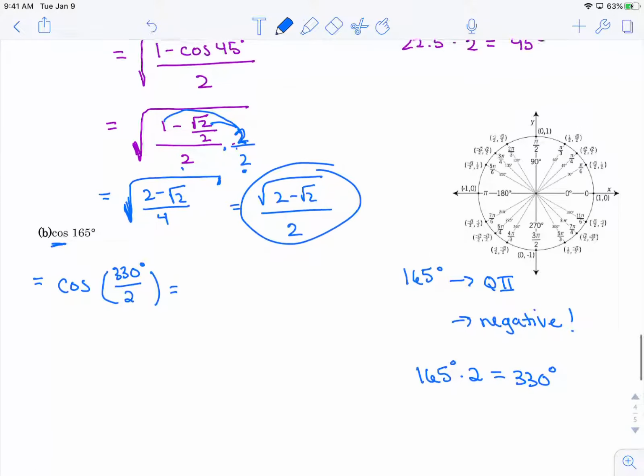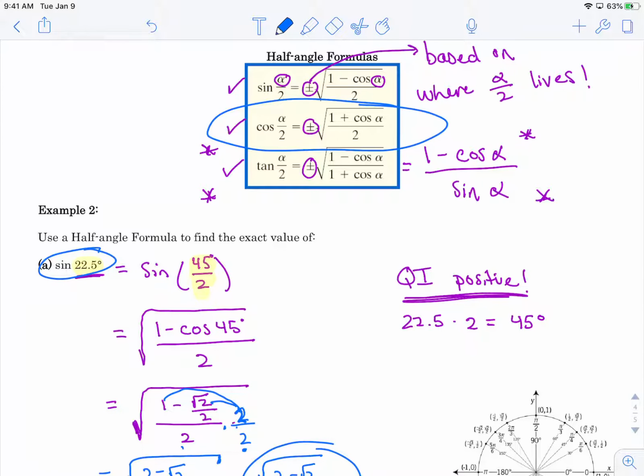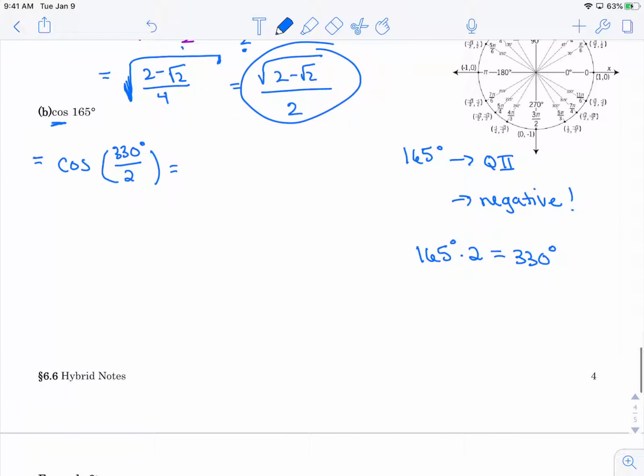And I'm going to choose this formula right here. I'm not going to write plus or minus, so it's just a negative. And it's 1 plus cosine of 330 degrees over 2.